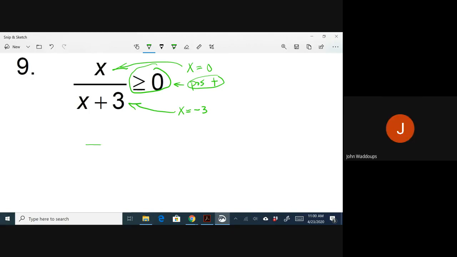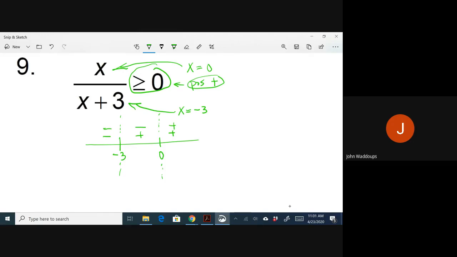So we draw out our sign arrays, or our number line. I'm going to put -3 here. I'm going to put 0 here. To the left of -3 would be negative, and to its right, positive and positive. To the left of 0, we'd have negative and then positive.